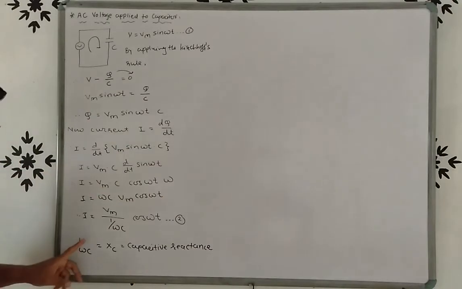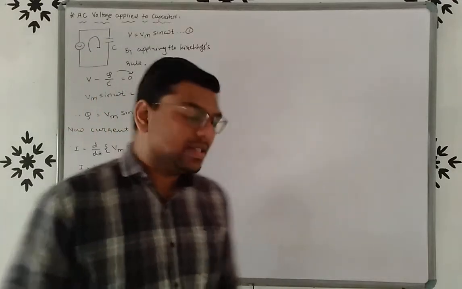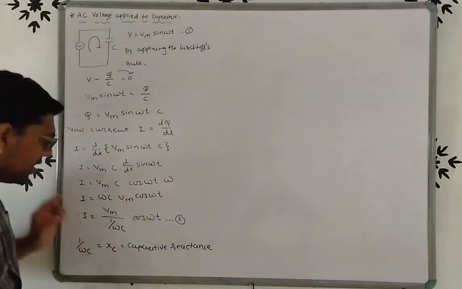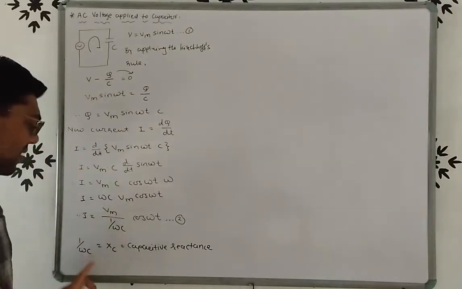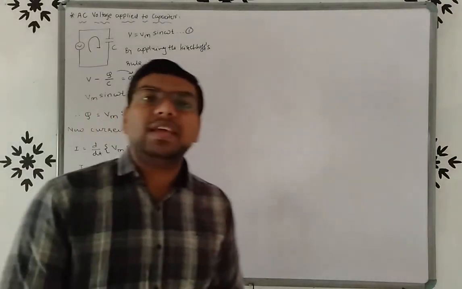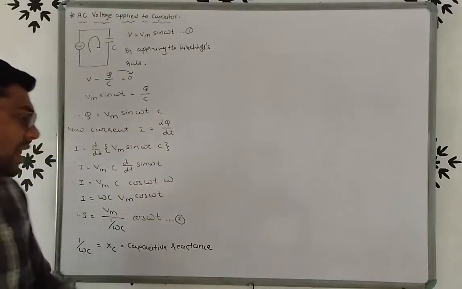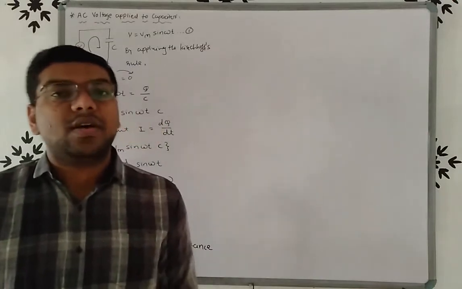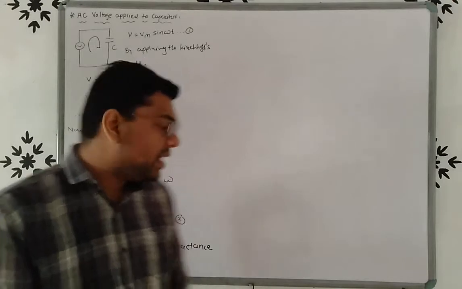As we compare Vm by 1 upon omega C, or Vm by Xc, with Vm by R, we can say that this capacitive reactance behaves as a resistor which limits the current.